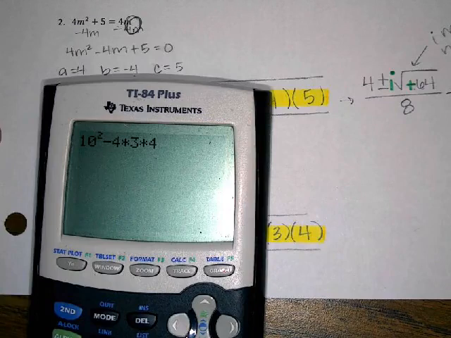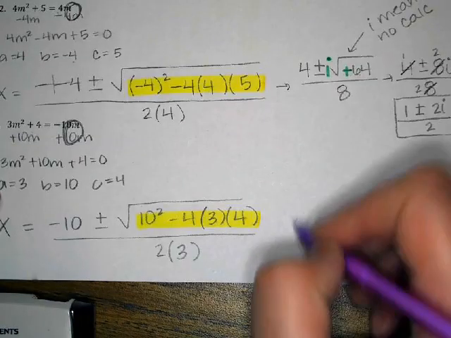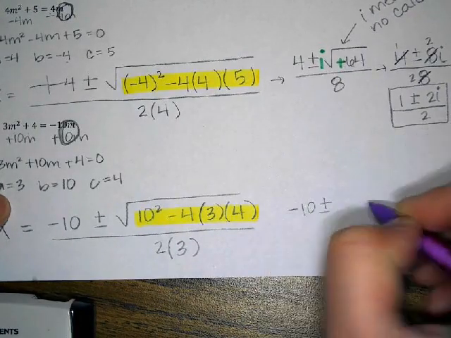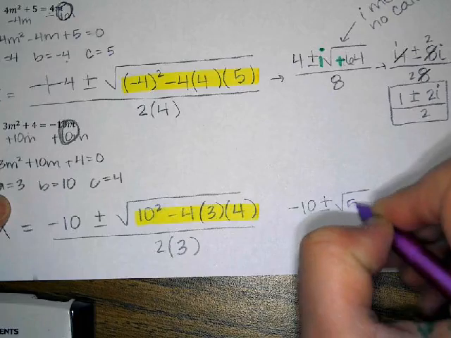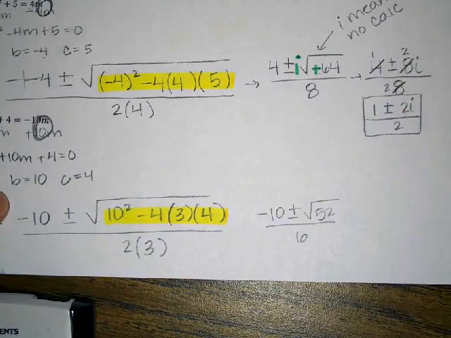So we have negative 10 plus or minus square root of 52 over 6. This one is ready to just be plugged into the calculator. So how do we plug in a fraction on the calculator?